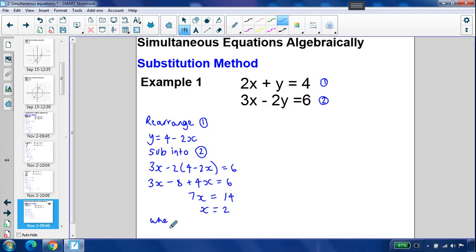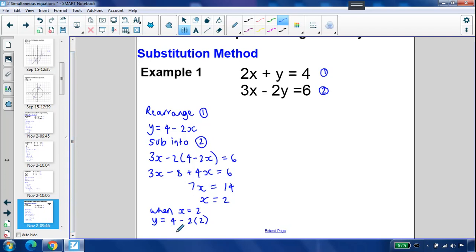So when x is equal to 2, y is equal to 4 minus 2 multiplied by 2. Well, 4 minus 4 is 0, so y is going to be equal to 0. And again, if we needed to write the coordinate, it would be 2, 0, where these two lines intersect.